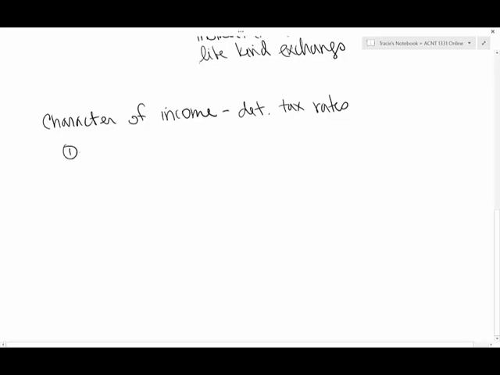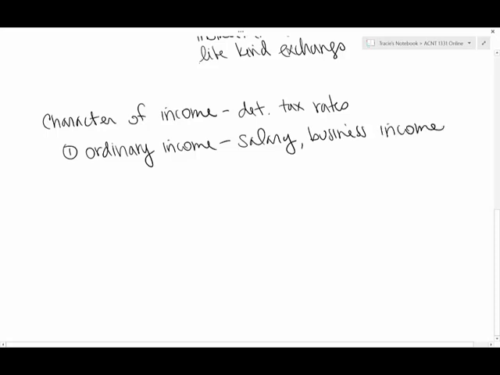So the first type of character of income that we have is ordinary income. Ordinary income are things like our salaries, our business income. Those are all considered to be ordinary income, and they're taxed at ordinary rates.